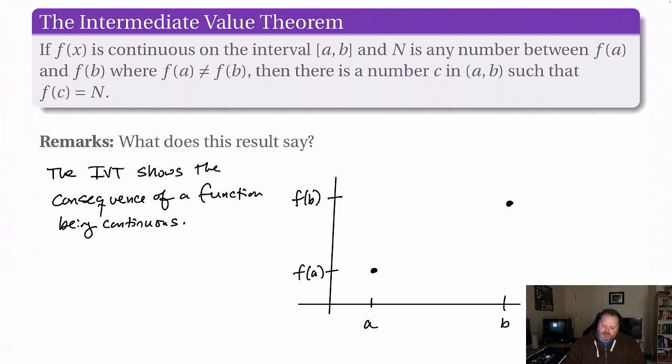And what this theorem says is if I know the graph of this function is continuous, then as I draw in the graph, whatever it looks like, and connect these 2 points, pick any value between the starting y value and the ending value. Pick any value. Call it n.